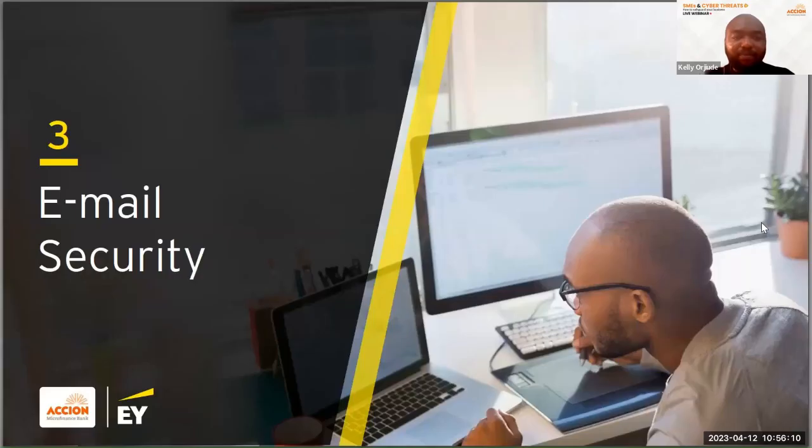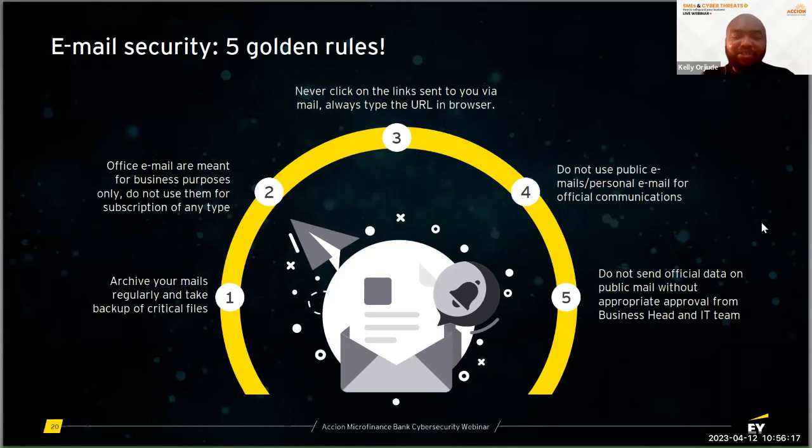Okay. Email security. It is also similar to phishing, because phishing is predominantly done via email, and a lot of the recommendations I had given earlier apply. So never click on links sent to you via email. Always type it in the browser.